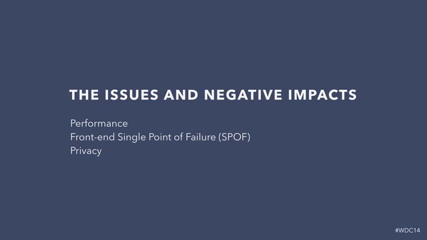I want to talk to you about the issues and negative impacts of third-party scripts, which are, broadly, performance, but also very specifically front-end single point of failure, which I'll show you. And then privacy. I think you also want to make sure that what you put on your page is secure and does what it's supposed to do, because you want to protect your users.